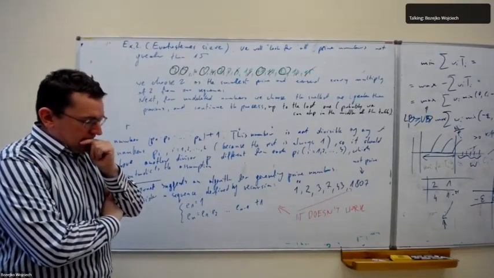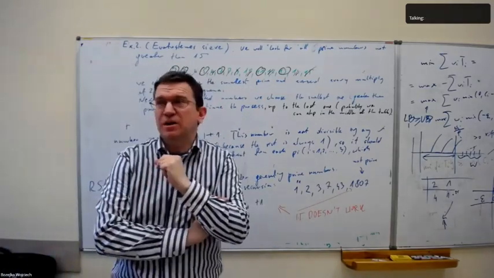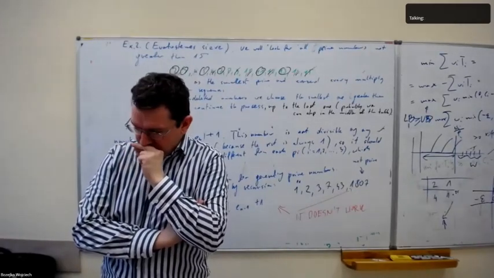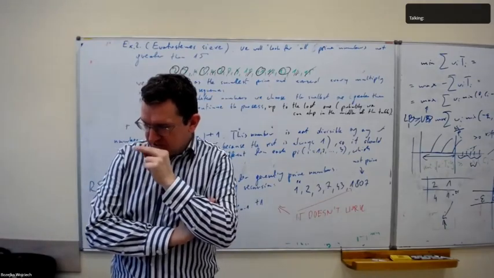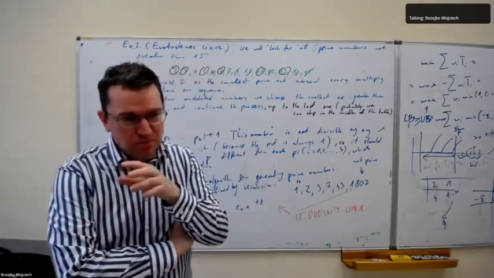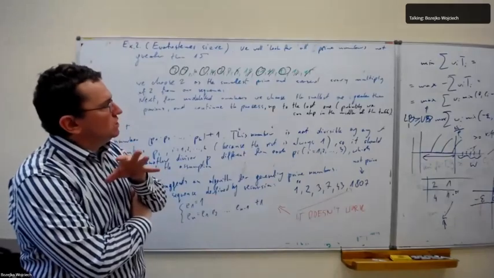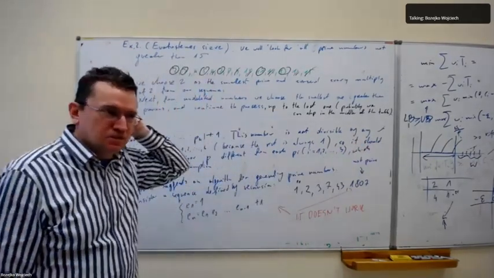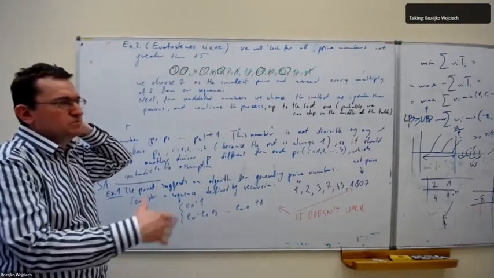But in fact, the distribution of prime numbers is also a hard mathematical question, maybe somehow still open. But as we can intuitively see, the prime numbers appear in bigger and bigger numbers.